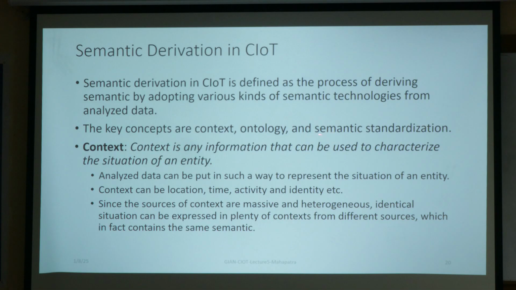To get the real semantic meaning, we should consider these three things at the least. The context is any information that can be used to characterize the situation of the entity, such as place, time, location, or identity.